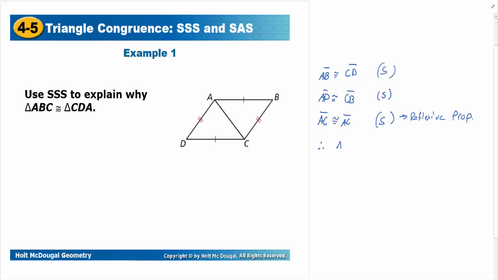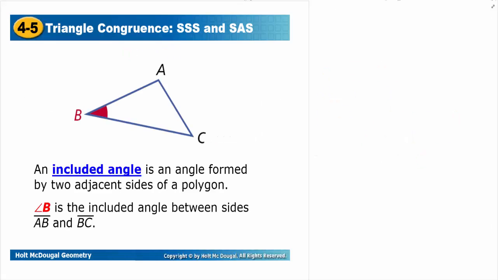Therefore, you can say that triangle ABC is congruent to triangle CDA by, and here we just say side, side, side. There's your reasoning that goes along with it. So that's using the reflexive property to show triangles are congruent. Alright, so that's a quick example of side, side, side.